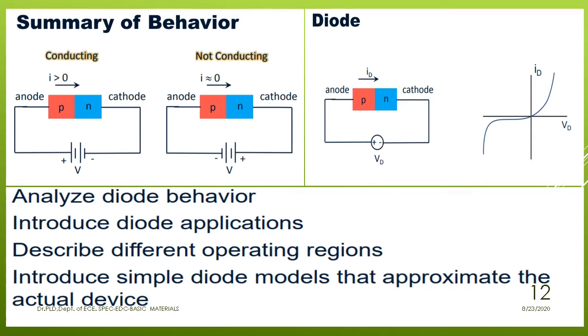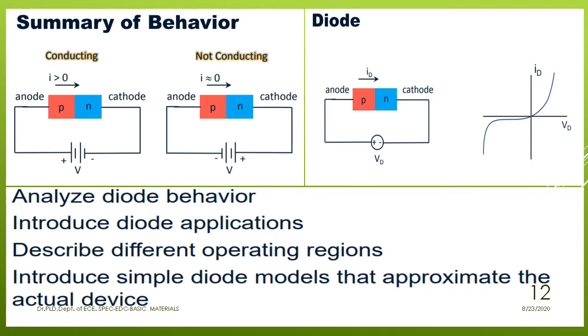Then the diode action: if you observe, with varying the voltage source VD in the positive direction, and plotting the characteristics VD versus ID, that is the voltage drop across the diode versus the current flowing through the diode, then with increasing voltage, after a particular voltage level the diode allows current to flow through it.